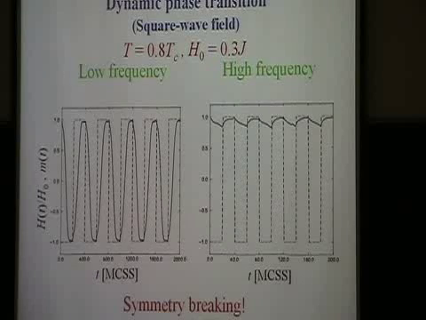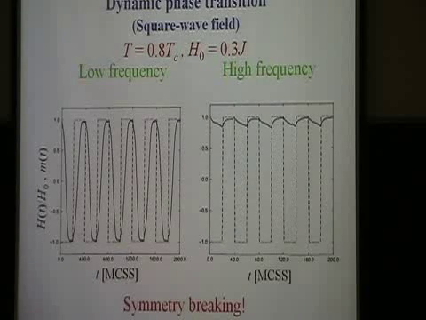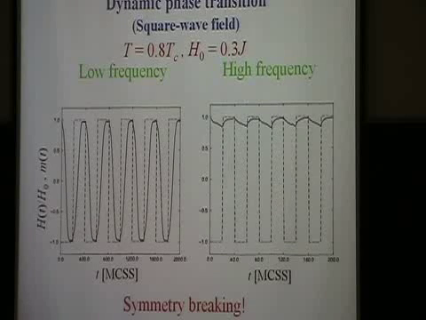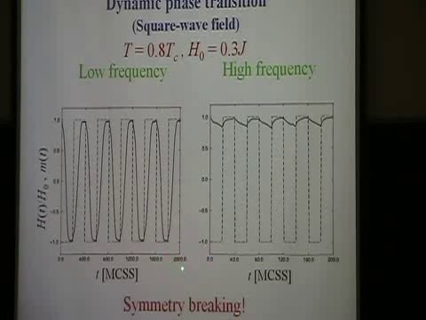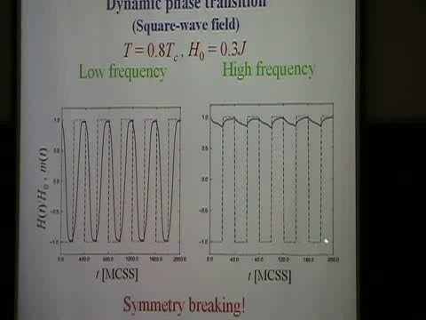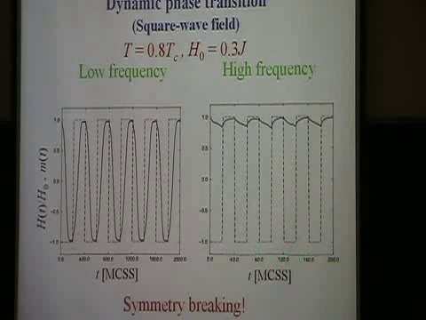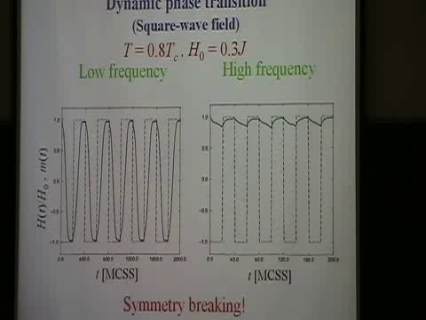You might point out that the time scales are very different on the two plots. Oh yeah, this is very true. Here, the time scale is 2,000 Monte Carlo steps per spin. In this one, it is 200, so a factor of 10.